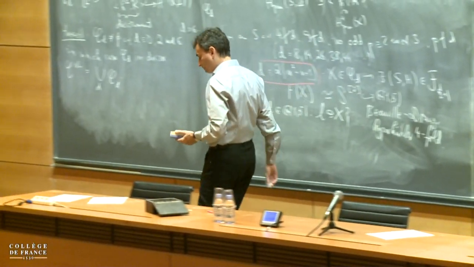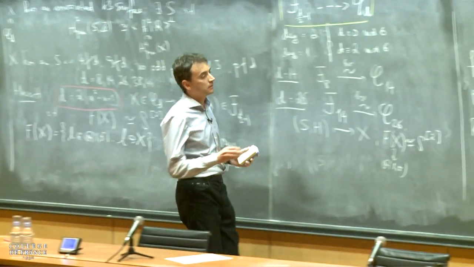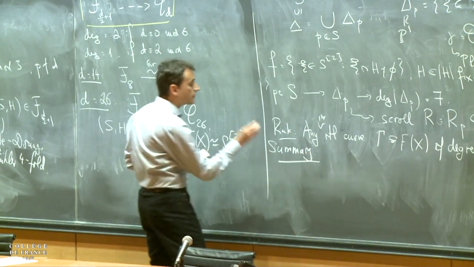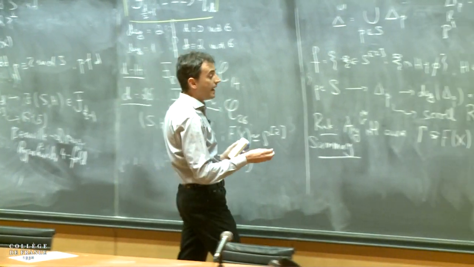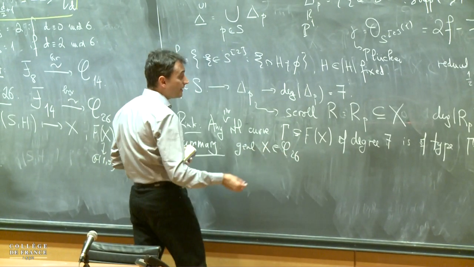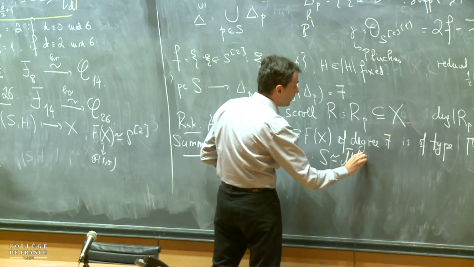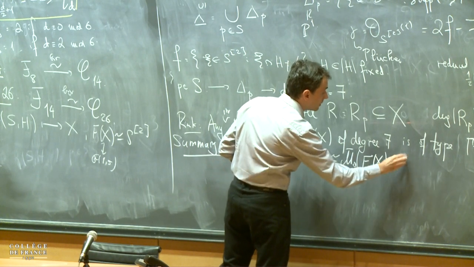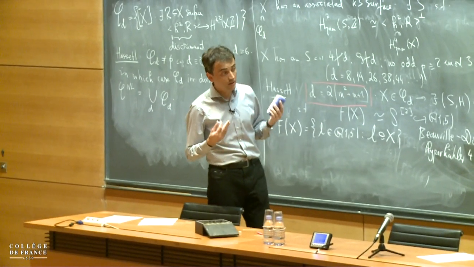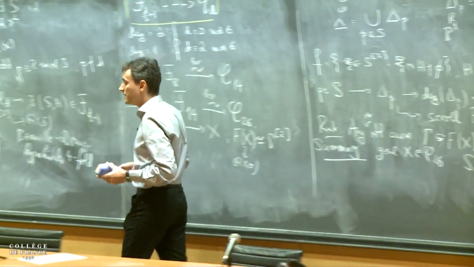Okay, so to summarize this. For a general X in C26, I can identify S with the moduli space of rational curves of degree 7 in the fourfold of lines. So this is some sort of identification.